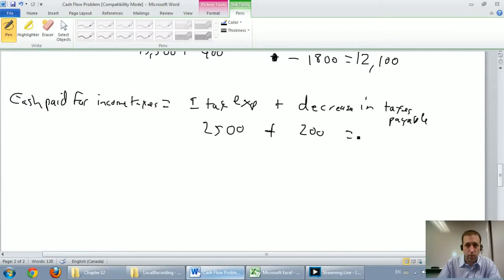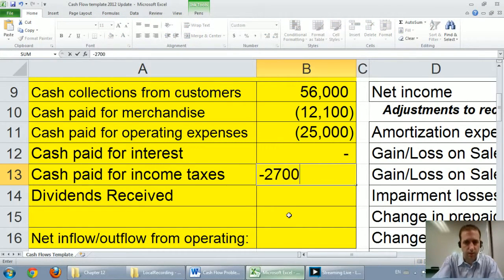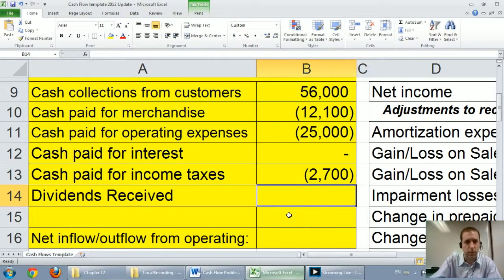So 2,500 plus 200 is 2,700, and that's our cash paid for income taxes. So I'll fill that in, and of course it's a negative 2,700 because it's a cash outflow.